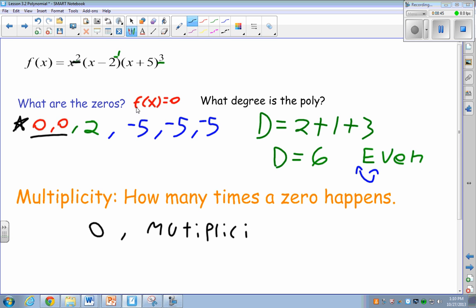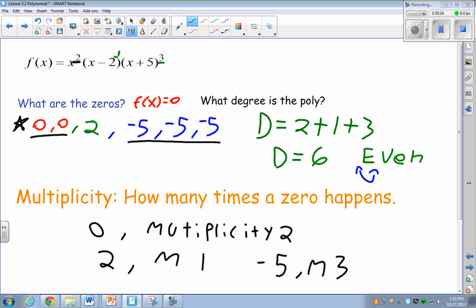Oops, forgot T. Okay. Now for the green one, 2, I'm just going to abbreviate this to m, save some time, is 1. Now for negative 5, that's just going to be multiplicity 3. So that's to the third exponent. Okay, so that's what multiplicity means.